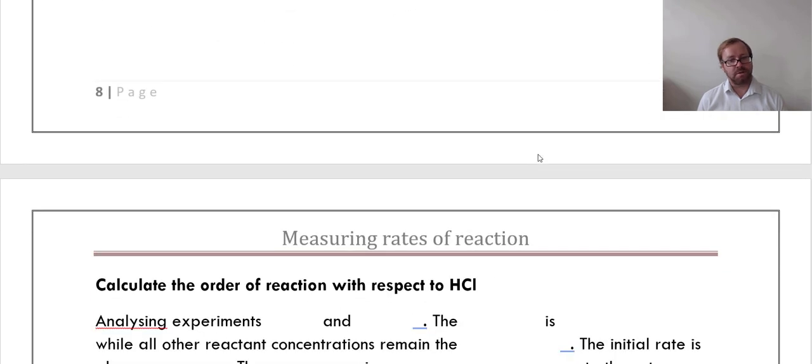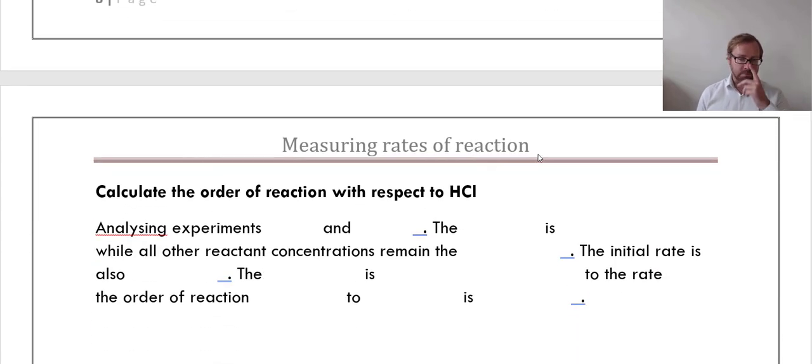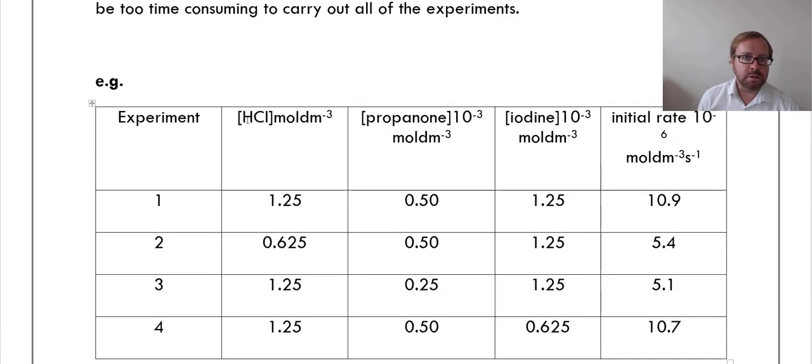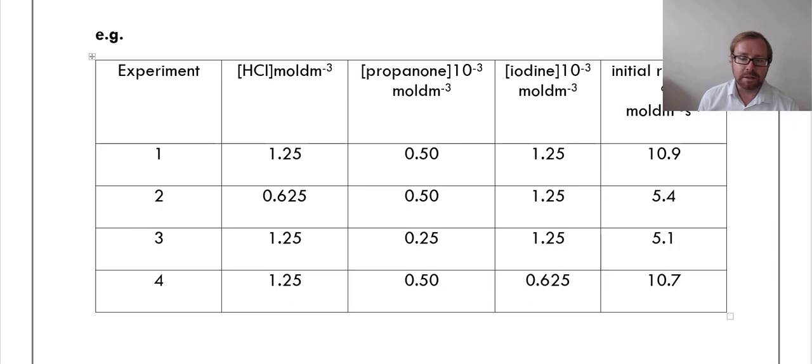Let's have a look. So, calculate the order of reaction with respect to HCl. I need to choose two experiments where the concentration of HCl changes, and that would tell me how it influences the initial rates. I want to try and keep the concentrations of propanone and iodine the same, because then I know that the only thing which is affecting the initial rate, if it changes, is the concentration of HCl.